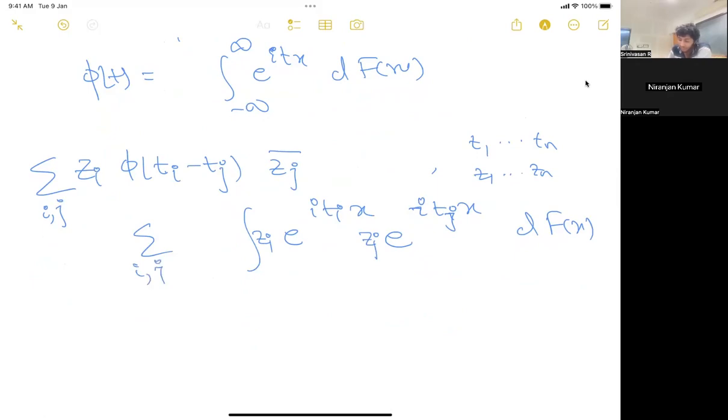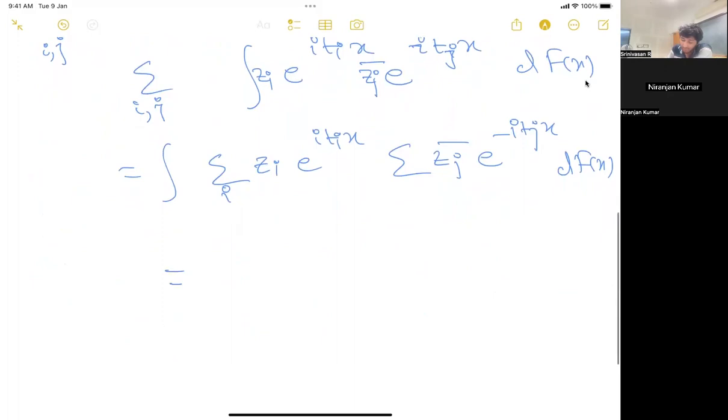Since this is a finite summation, we can put it inside the integral, and break it into two parts: the summation of e to the I ti x zi, and the summation of zj bar e to the negative I tj x.